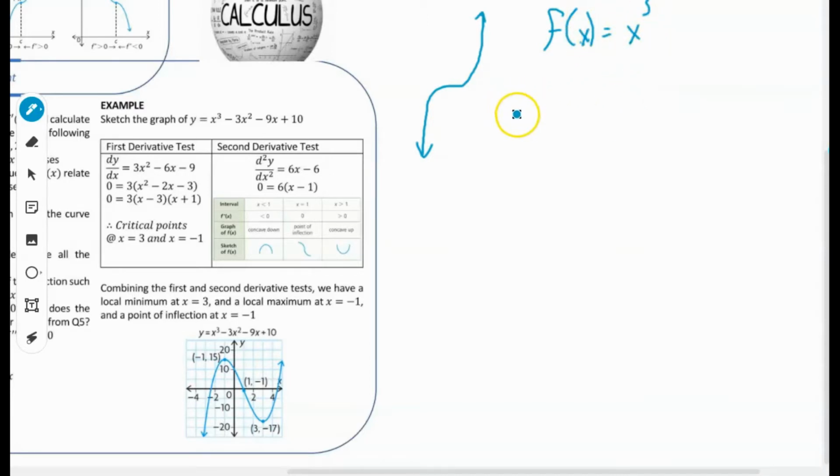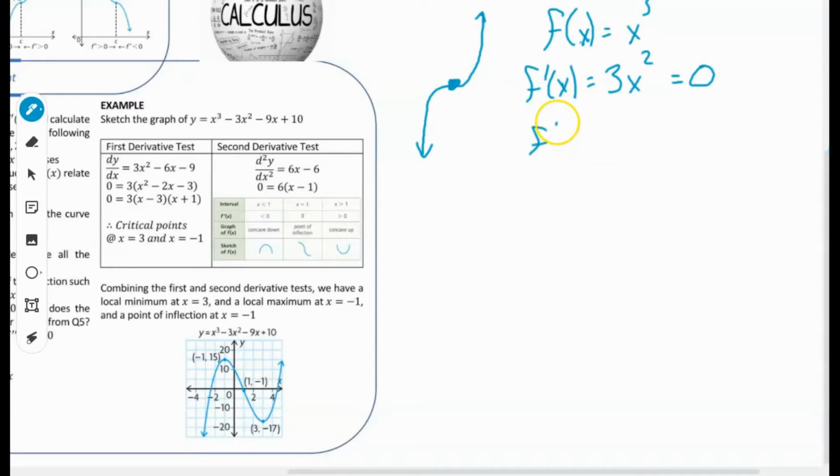Okay, if we found the derivative of that, f prime at x, that's going to be 3x squared. And if you set that equal to 0, you can see that we have a horizontal tangent at x equals 0. That's right there. That's where x equals 0.